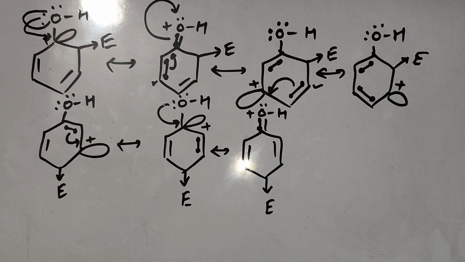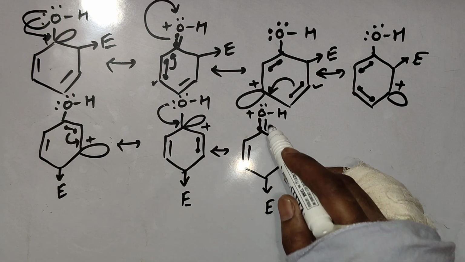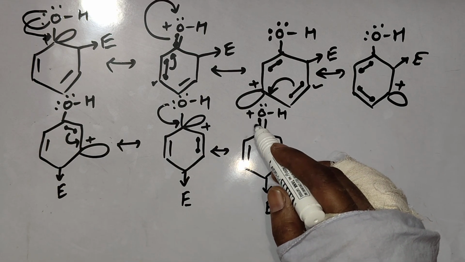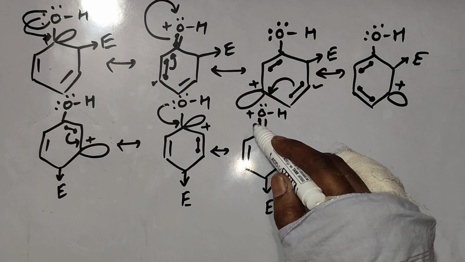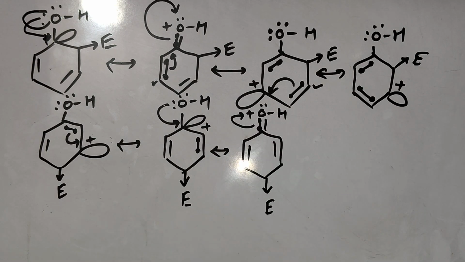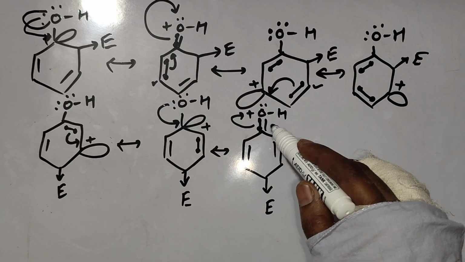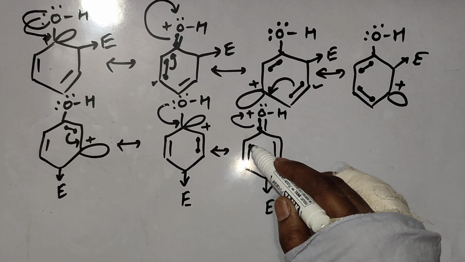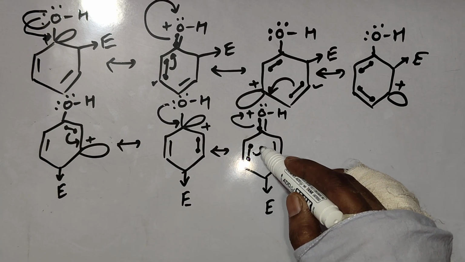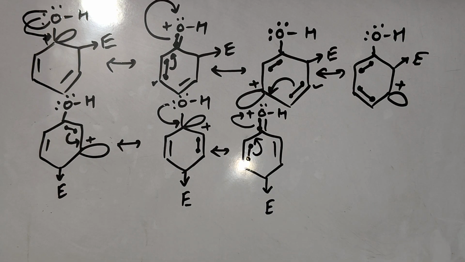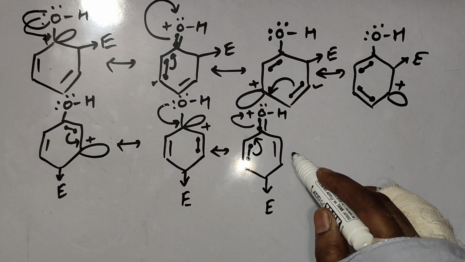And definitely oxygen will not remain in this condition for a longer period of time. So what it will do is get its electron back, and again a vacant orbital will generate over here with a positive charge. Now the next time that vacant orbital can be satisfied by this pi bond like this.